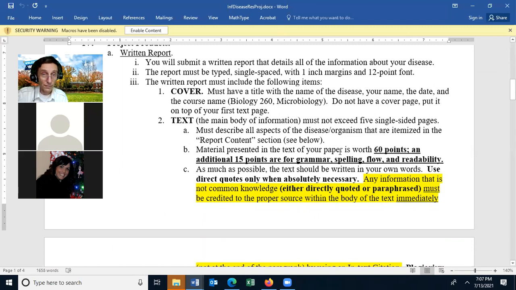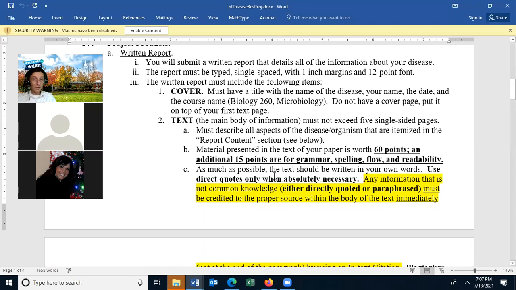There will be 15 additional points for the grammar, the spelling, the flow, and the readability. So if you write a good paper, you'll get the 15 points. If you write a sloppy paper that has lots of grammar and logic errors, or something that's not clear, then you'll get deductions on these 15 points.